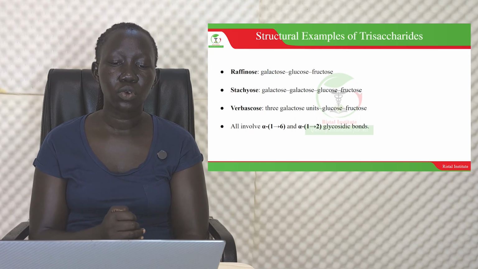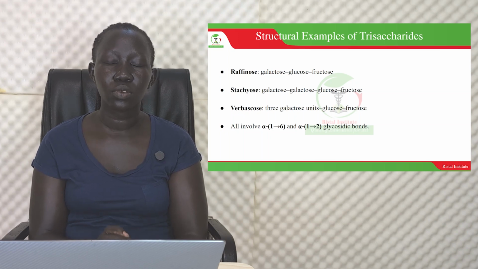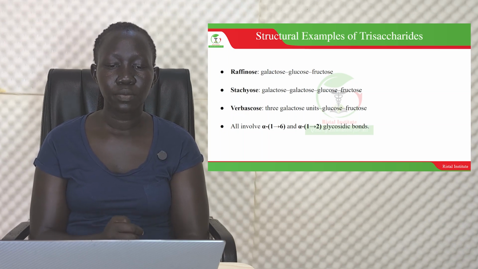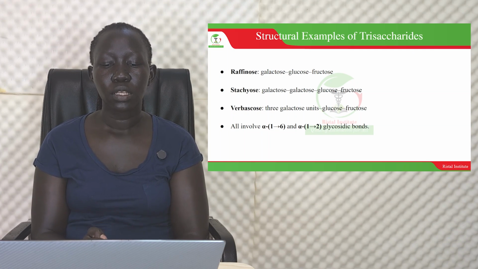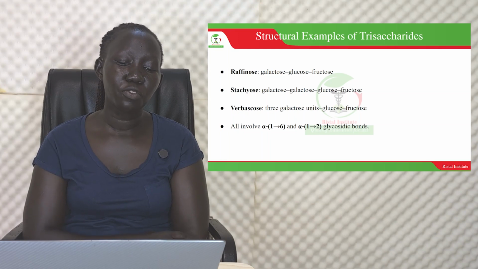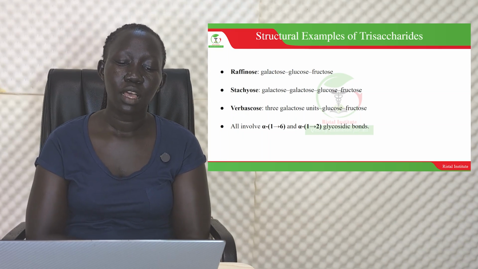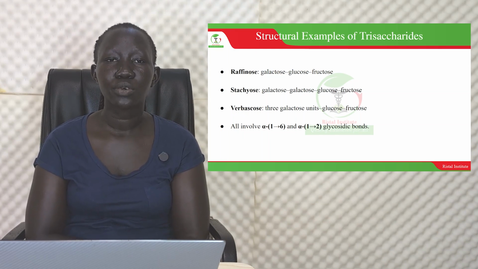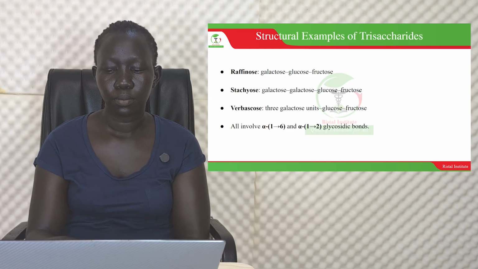Raffinose contains one galactose, stachyose contains two galactoses, and then verbascose contains three galactose units, and you add on glucose and fructose. All these involve the alpha 1,6 and alpha 1,2 glycosidic bonds.